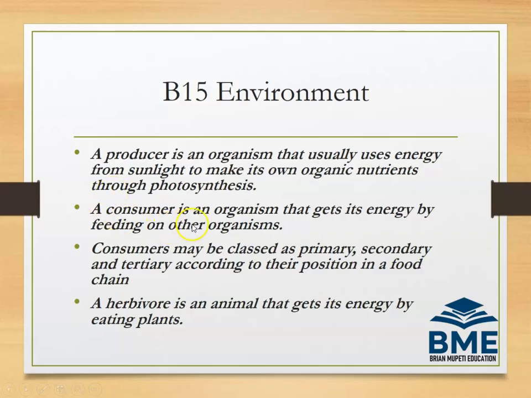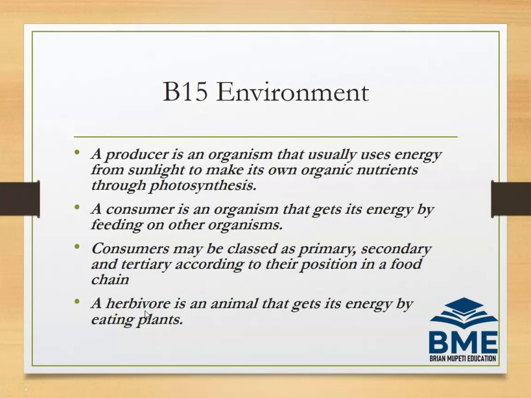Right, so a consumer is an organism that gets its energy by feeding on other organisms. Consumers may be classed as primary, secondary, and tertiary according to their position in a food chain. A herbivore is an animal that gets its energy by eating plants. We have two types of herbivores.